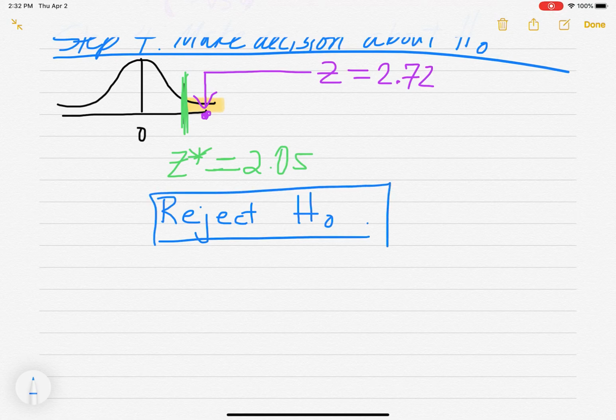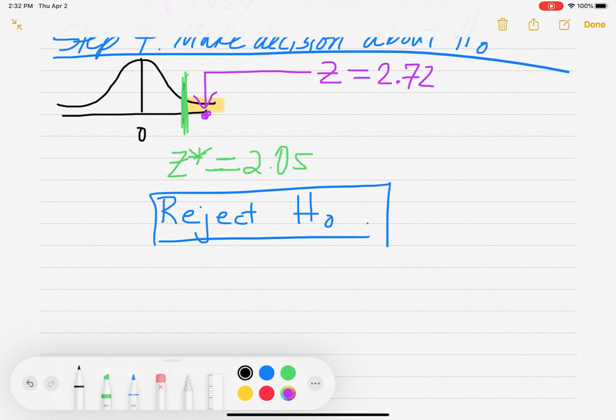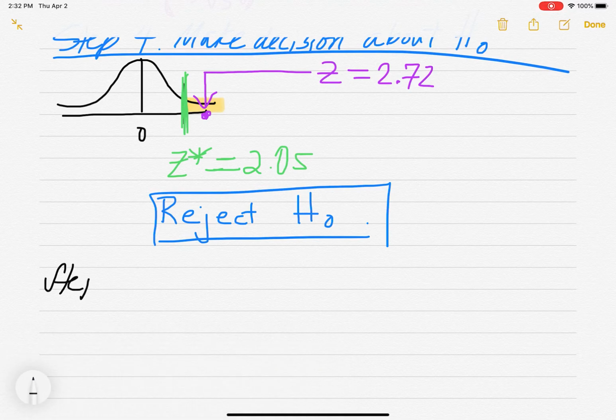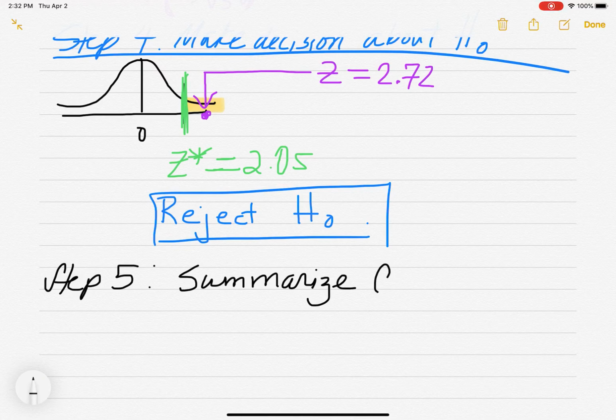So the final step, step 5, has to do with wording our conclusion. Summarize your conclusion. Write a conclusion summarizing.